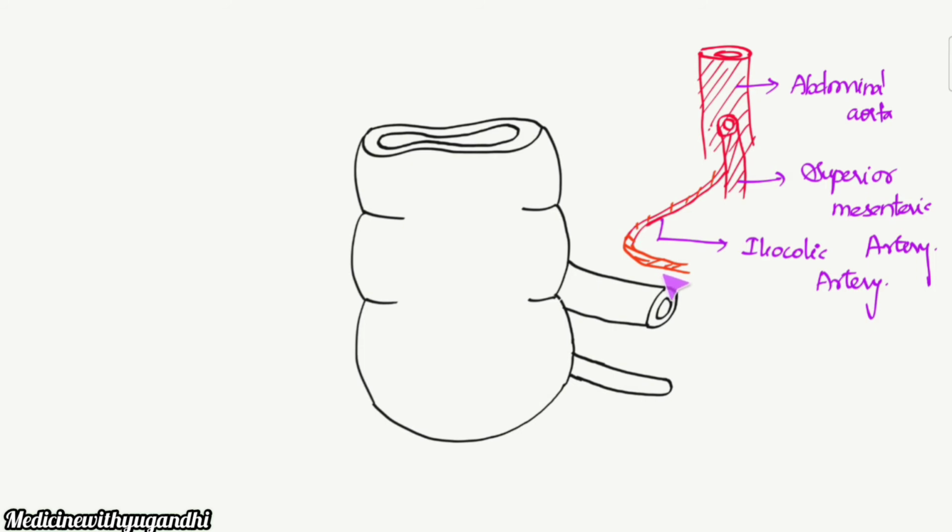This appendicular artery passes behind the ileum and it reaches the mesoappendix. So it travels through the mesoappendix behind the ileum and it reaches the terminal portion of the appendix.